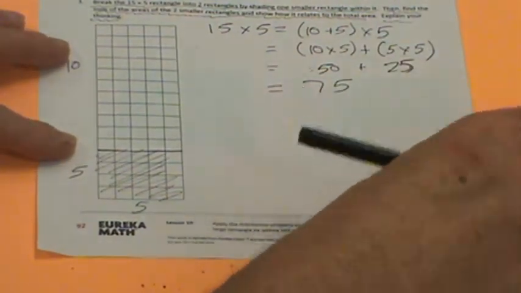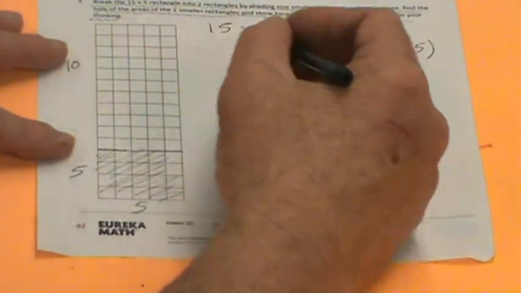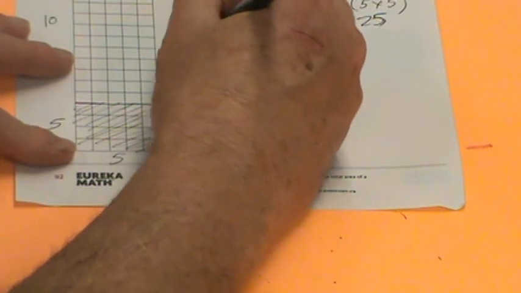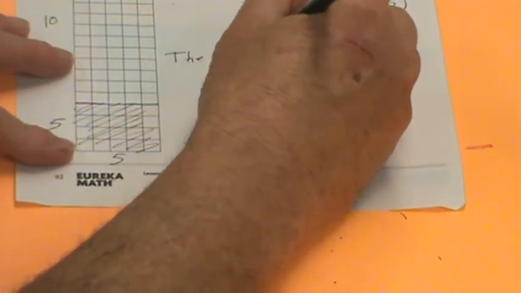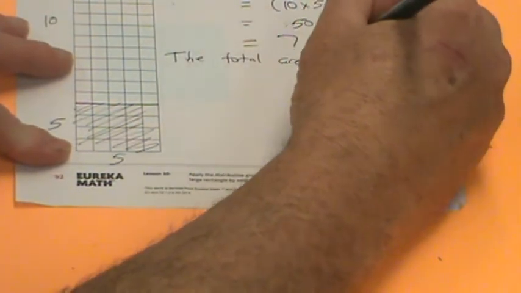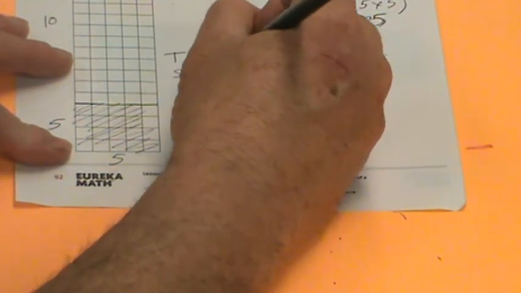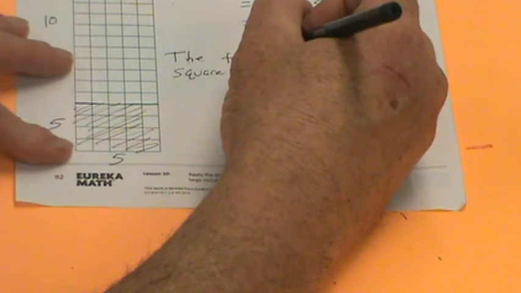Okay, so now we can explain our thinking of how we broke this apart. We can say the total area is 75 square units.